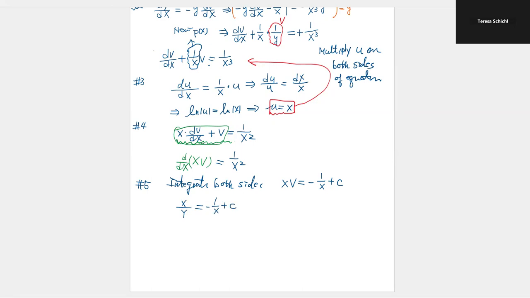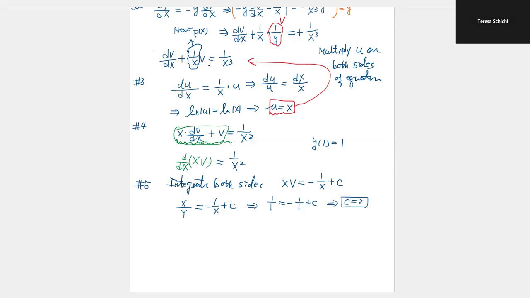Now, my initial condition is y(1) equal to 1. That means when x equal to 1, y equal to 1, right? So now I can say here, this is 1 over 1 is equal to negative 1 over 1 plus c. So what is my c value? I can get c is equal to 2.